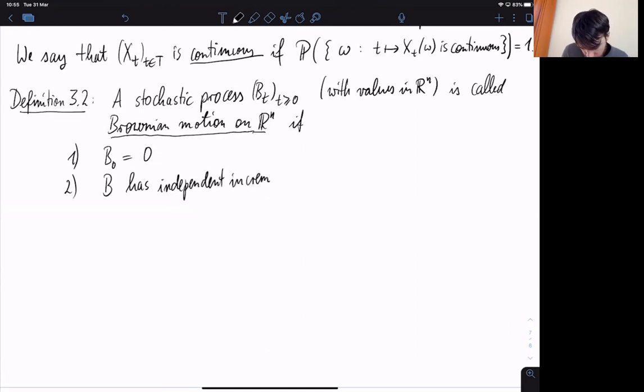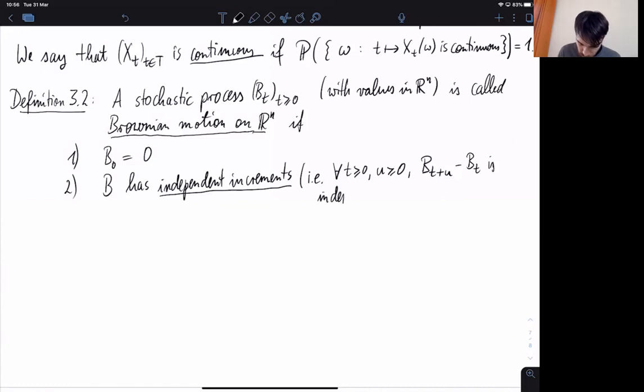That means that for all non-negative t and u, if I take the Brownian motion at t plus u, and I subtract the Brownian motion at t, then this is independent of everything that happened before t.